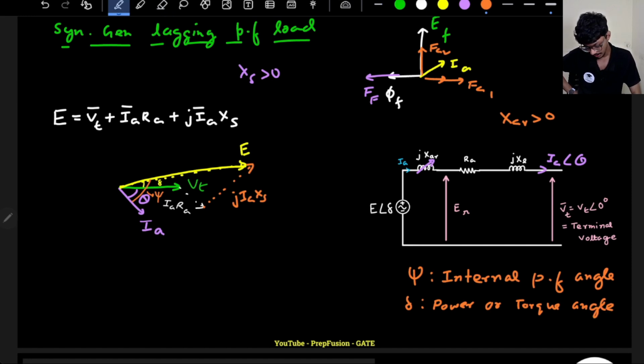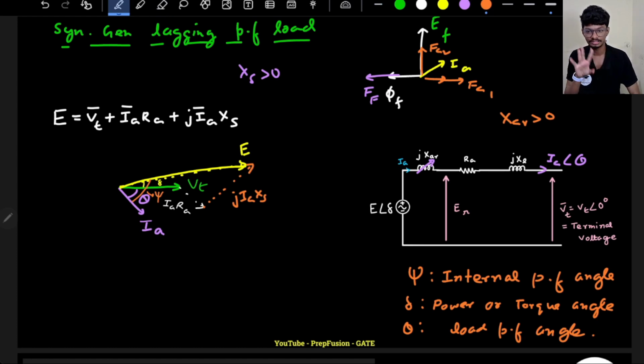And theta is known as the power factor angle, the load power factor, the angle between the terminal voltage and the load current. Okay, so we have got three angles. I hope you have understood this basic point.